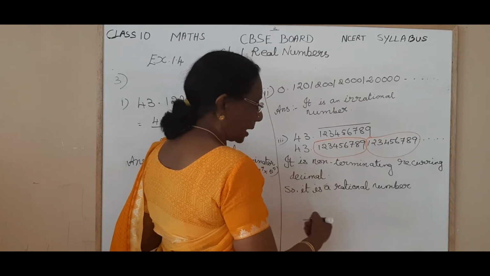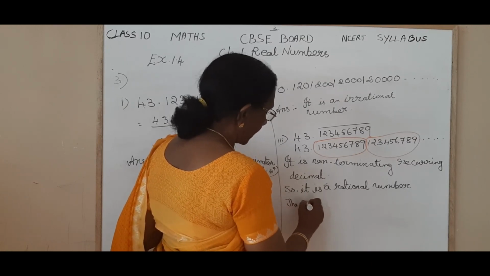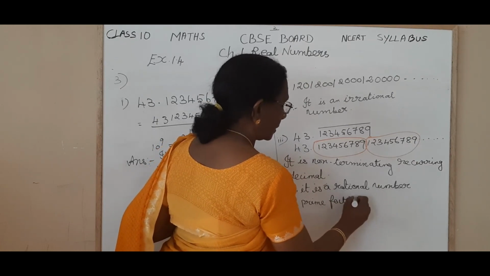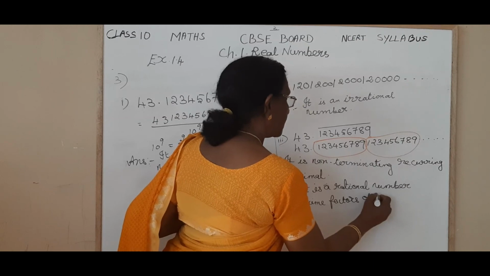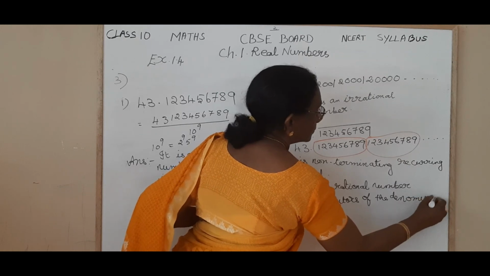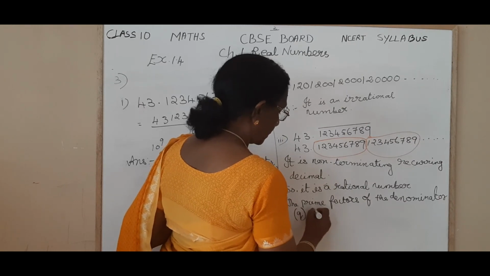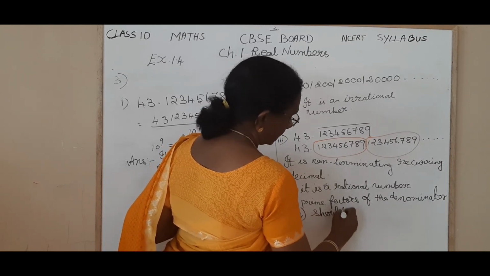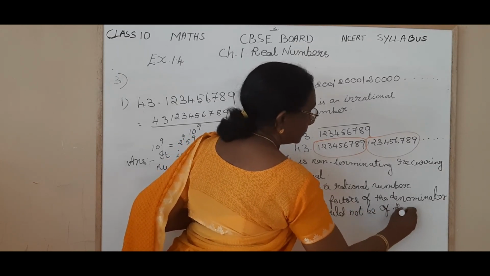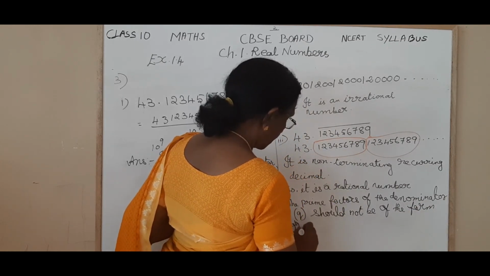Therefore, what can you say about the denominator? The prime factors of the denominator need not be of the form 2 to the power m into 5 to the power n.